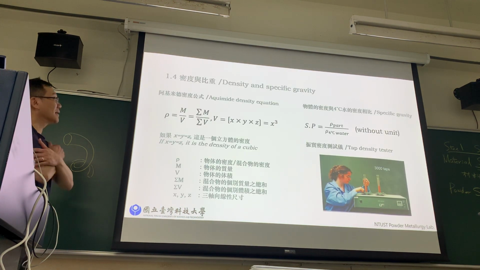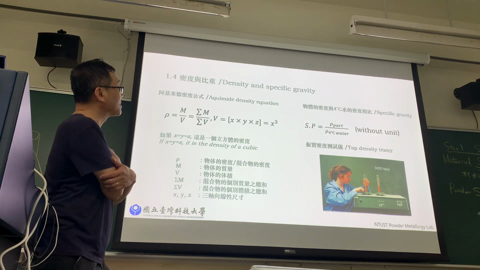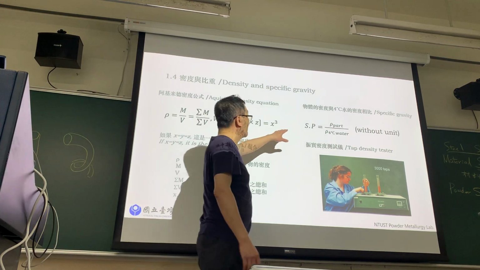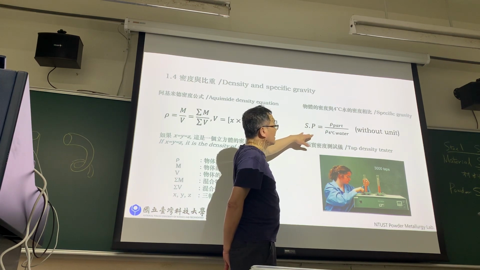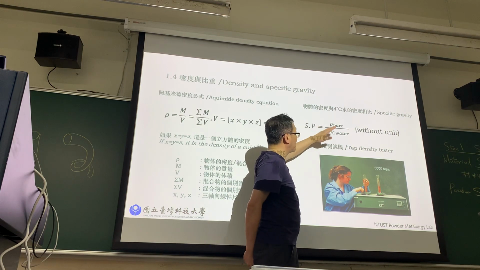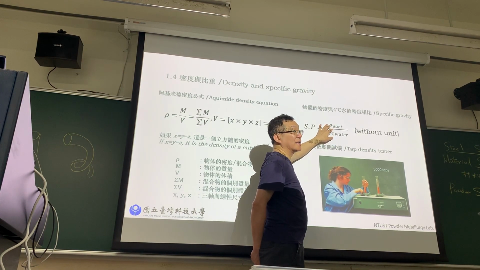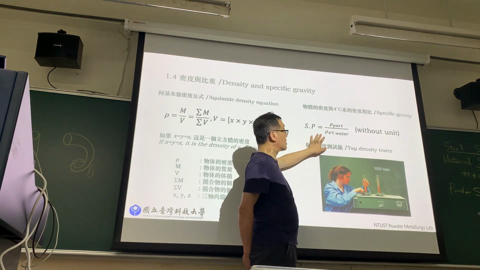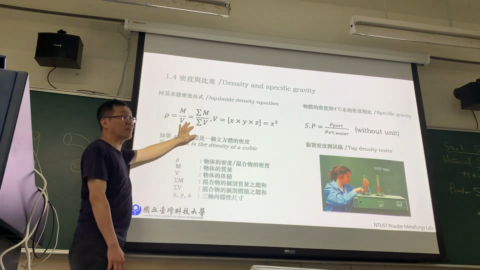Okay, and the fourth topic is specific gravity. Specific gravity has no unit, because we compare 4 degree C water with your material density, and we get this one. So this one is without unit, and this one is with unit.